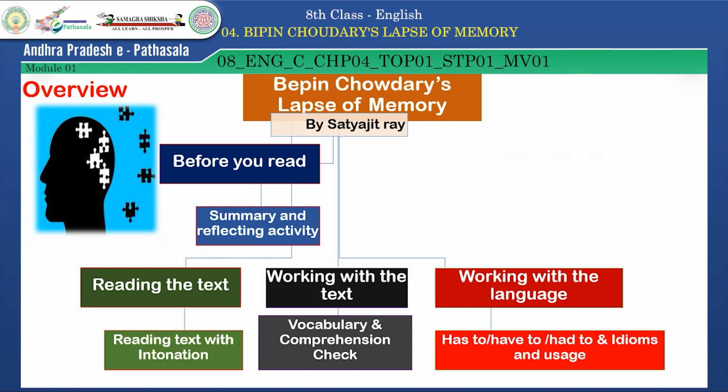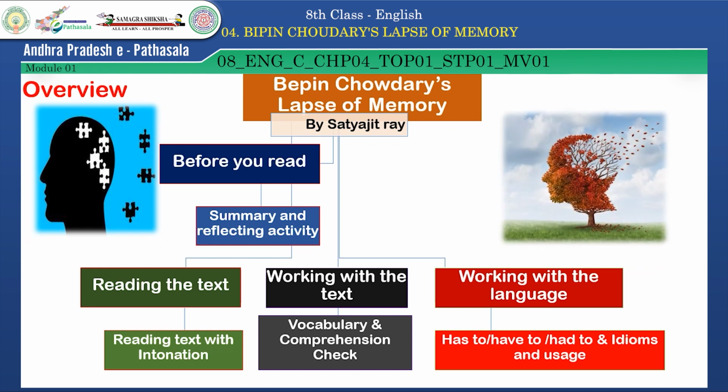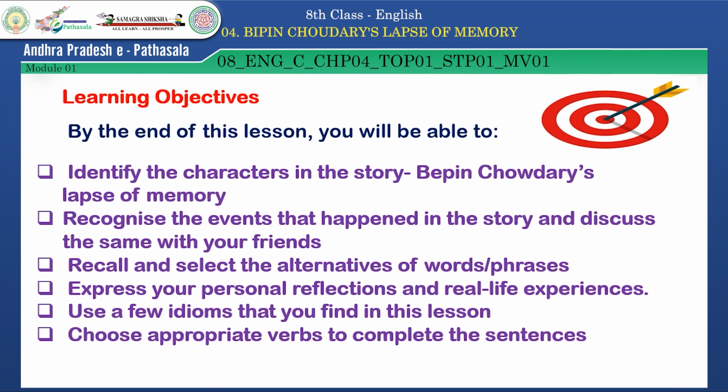Now, as you got an idea on the overview, we will look at the learning objectives you are going to achieve after this session. By the end of this lesson, you will be able to identify the characters in the story Bipin Choudhury's Lapse of Memory.